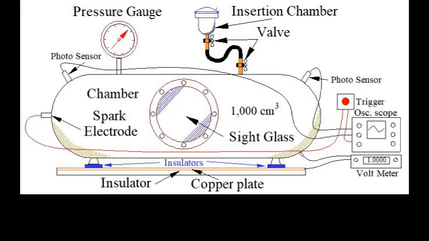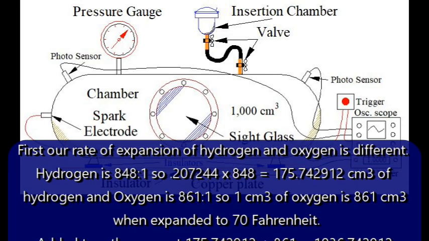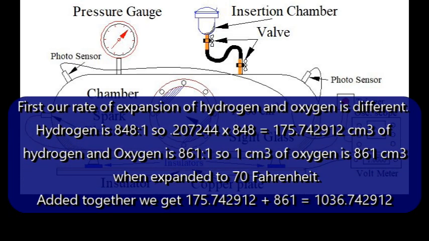Here is the process of the calculation using the expansion ratios in the volumetric equation. First, our rate of expansion of hydrogen and oxygen is different. Hydrogen is 848 to 1, so 0.207244 times 848 equals 175.742912 cubic centimeters of hydrogen, and oxygen is 861 to 1.